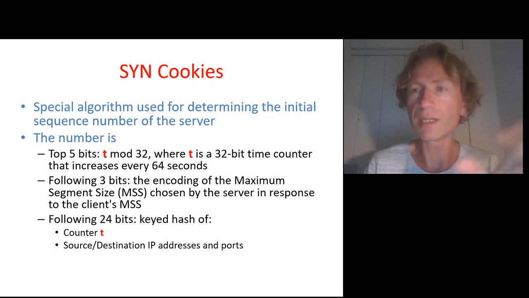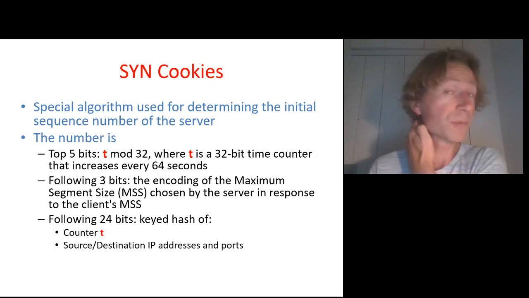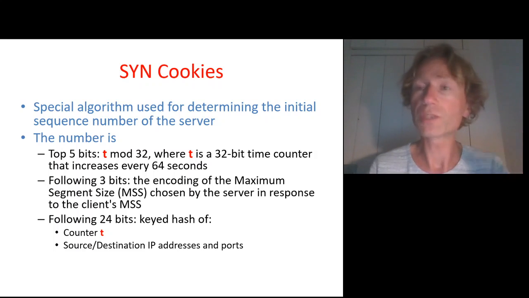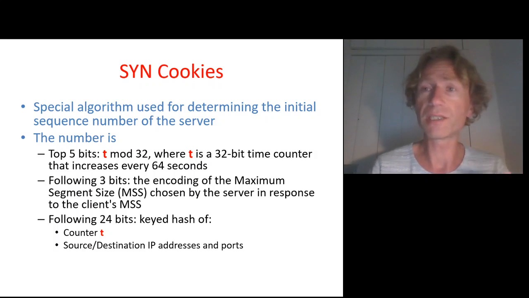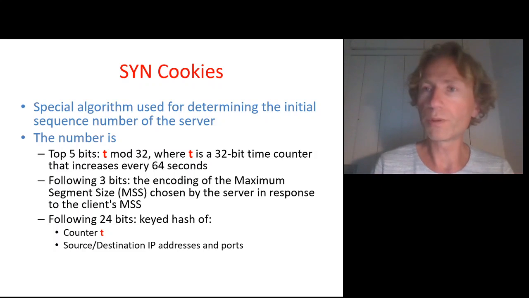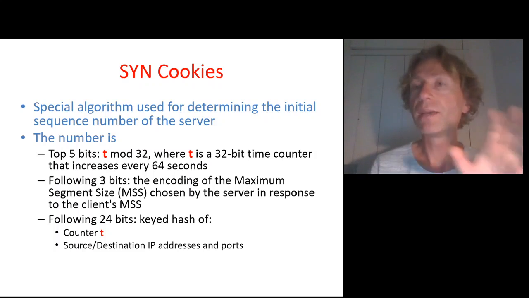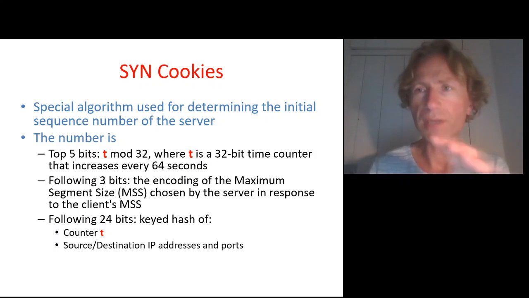As we shall see later, when the server receives some acknowledgement, some third phase of the TCP handshake, it will check whether or not this is a plausible datagram, a plausible third phase of the handshake, because it's recent. So that's roughly how that works.